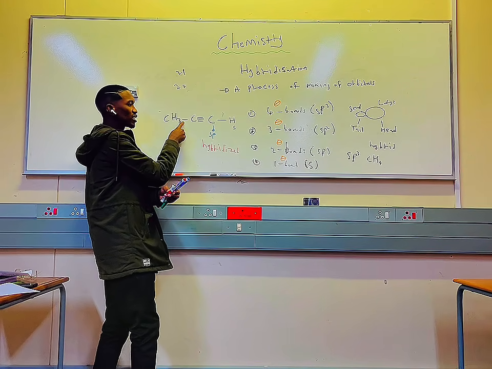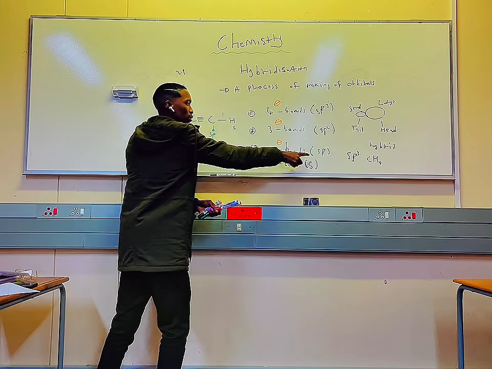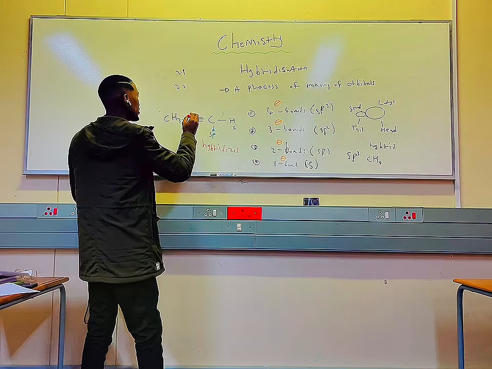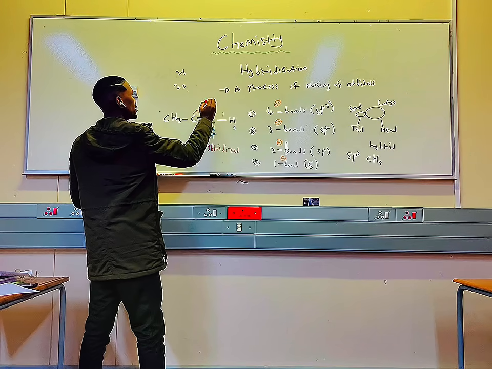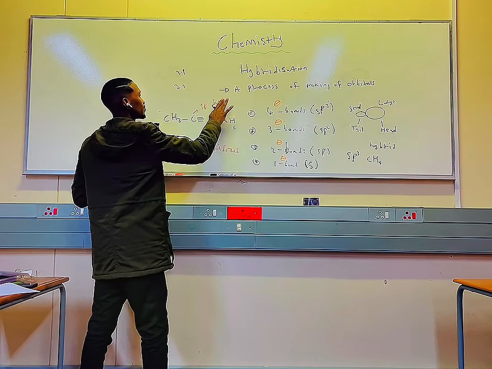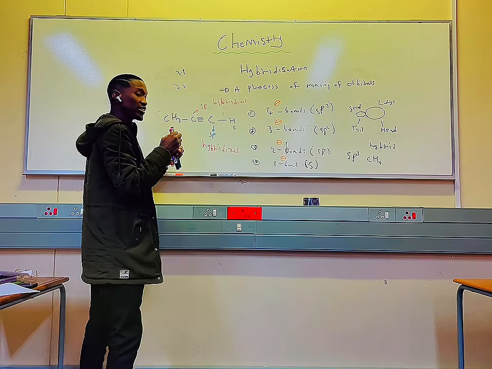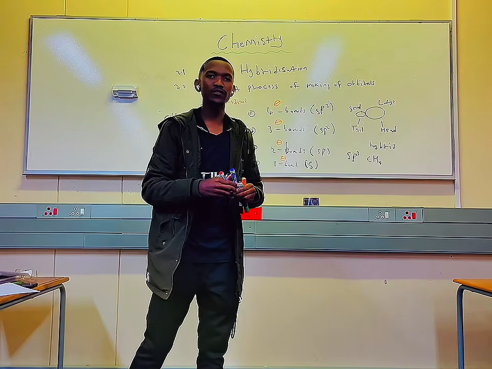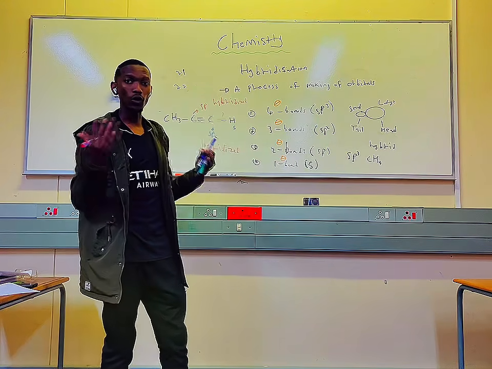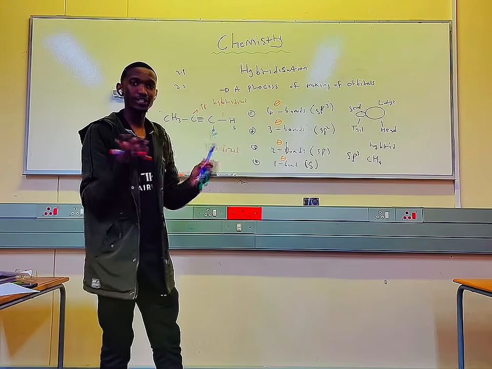Since there are 2 sigma bonds, and 2 sigma bonds form sp hybridization, this carbon will also be sp hybridized. This is how you show the hybridization state of carbon atoms or different types of atoms in a molecule.